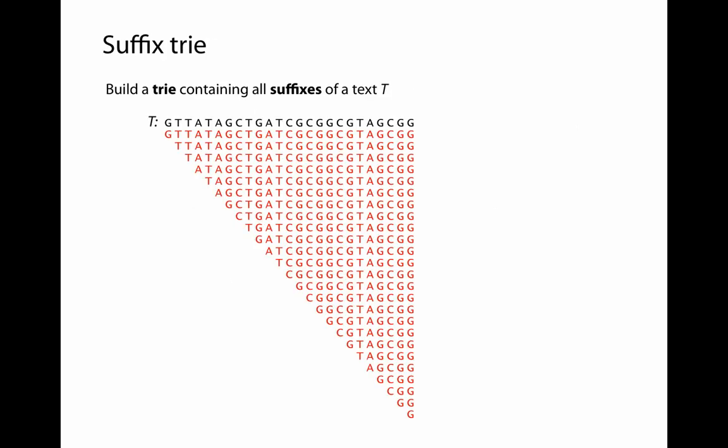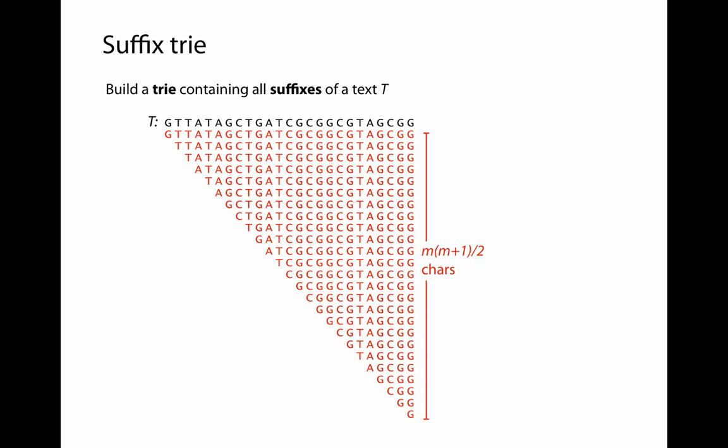So to build a suffix trie, all we need to do is build a trie that contains all of the suffixes of our text T. So if this is our text T at the top, the black string at the top, I'm showing you in red all of the non-empty suffixes of T. And if T is of length M, then the total number of characters in all of the suffixes of T is M times (M plus 1) over 2.